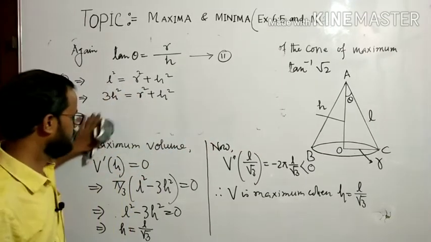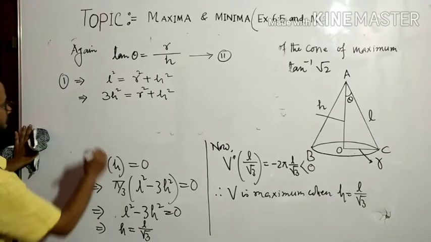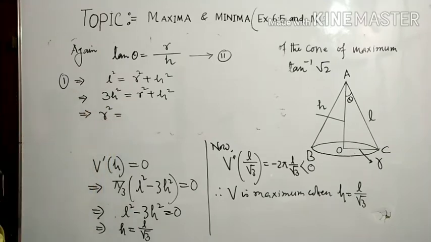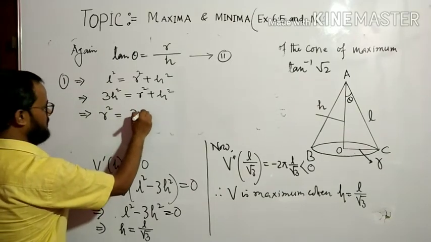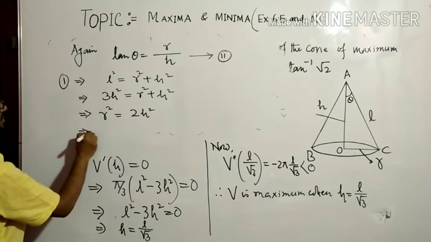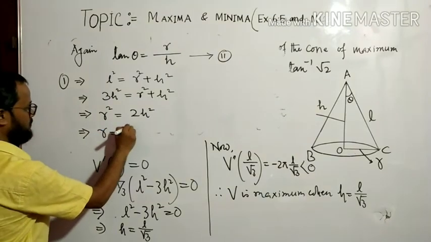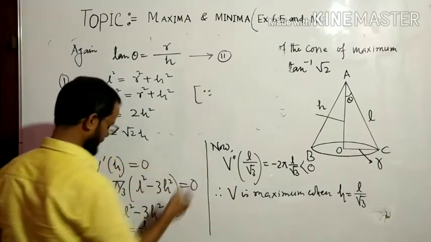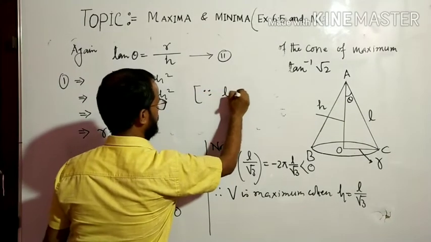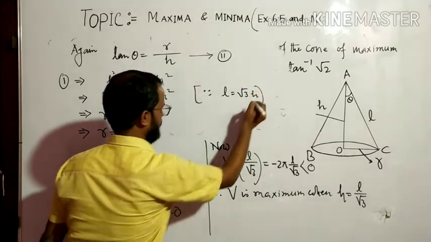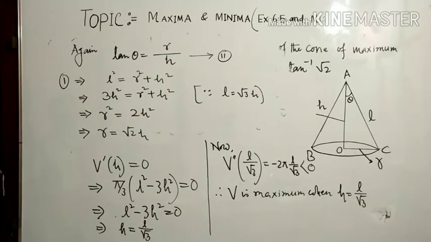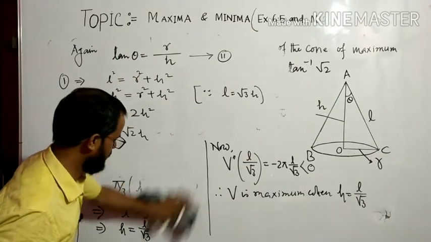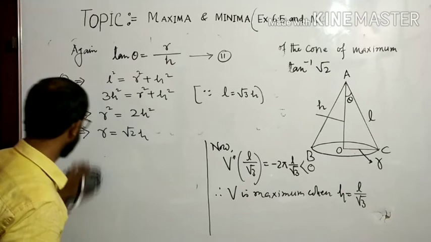Okay, from here you get R square equal to 2h square, and from here you get R equal to root 2h. In this line you write, since from here you write L equal to root 3h. Clear everybody?